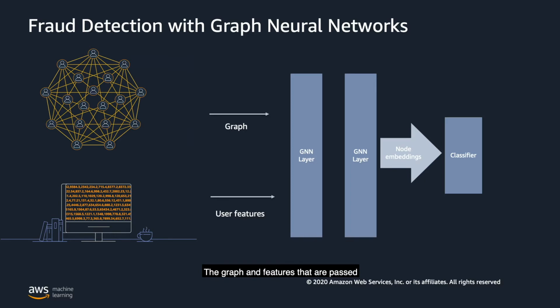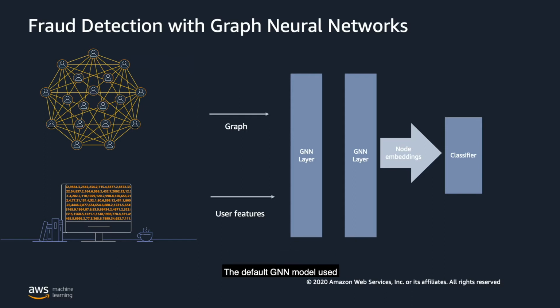The graph and features that are passed into a GNN layer uses message passing to recursively learn representations for the various entities in the graph by refining the original features and other initial representations until the final representations of the nodes in the graph are informed by both the initial features and the local neighborhood structure for each node.